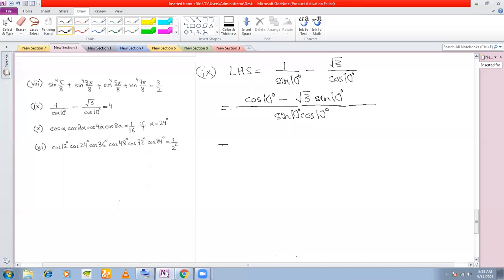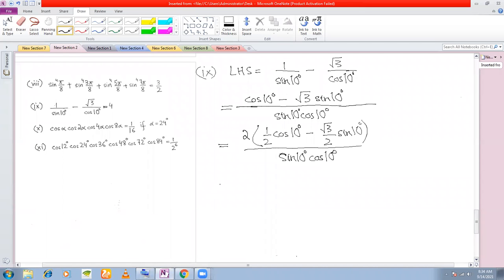Now you apply that technique which I told you when I was doing compound angle. If you remember, I told you this is a very important technique. What you do is you take 2 common, you get half cos 10 degree, and here you get root 3 by 2 sine 10 degree, divided by sine 10 cos 10 here, as it is.